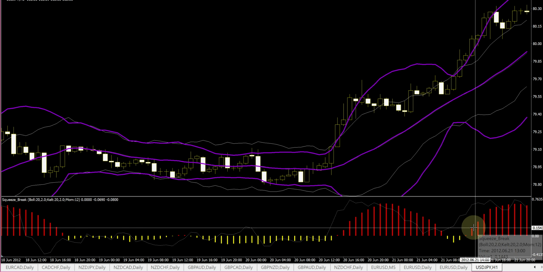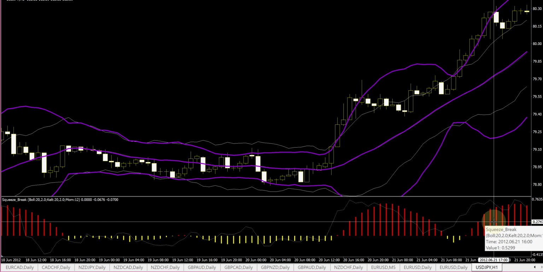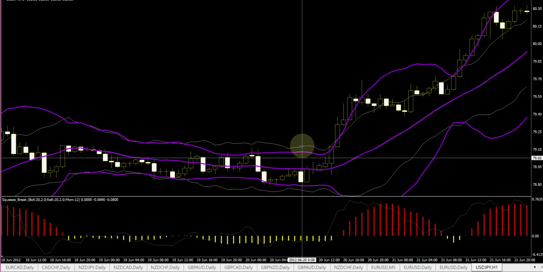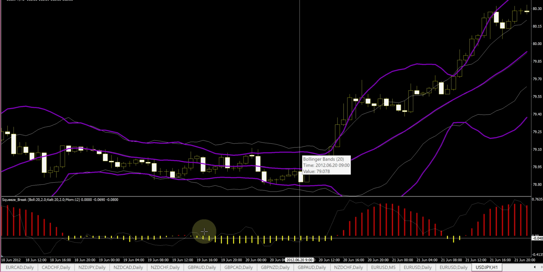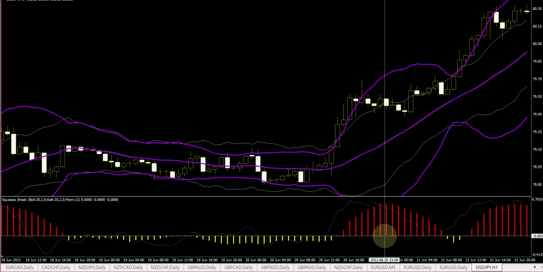The consolidation was over here and the breakout starts over there. So that is how it works. If you want to make your chart look very clean, you can remove these two indicators and just leave the squeeze indicator all by itself.